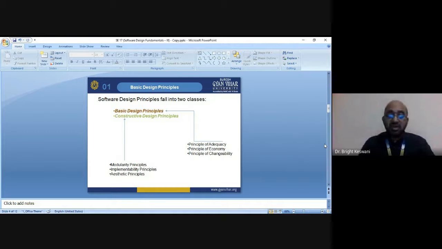So the principle of economy says a design must specify systems that can be constructed on time and within the budget. The principles of adequacy and economy may be in conflict.